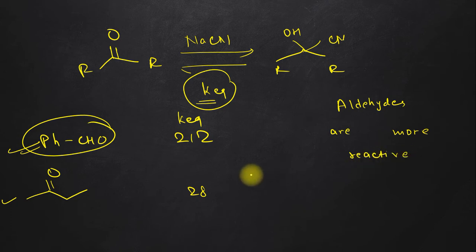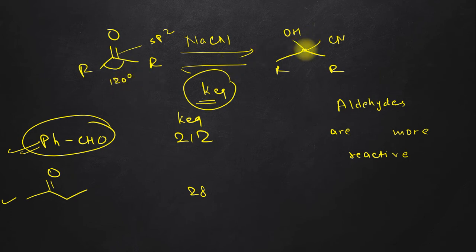Now why are aldehydes more reactive in nucleophilic addition reactions? Here I have taken the example of a ketone. You can see that this carbon is sp2 hybridized, so the bond angle will be 120 degrees.